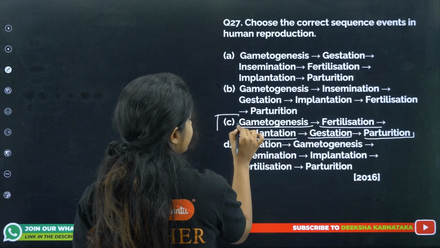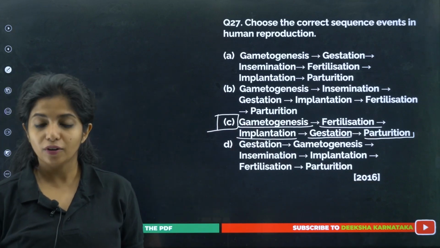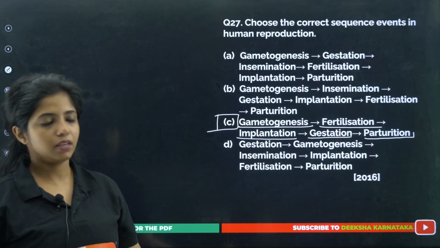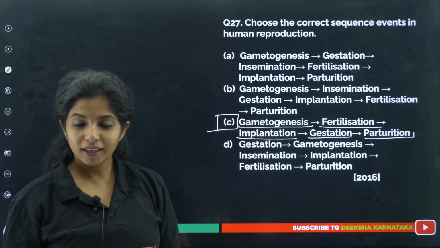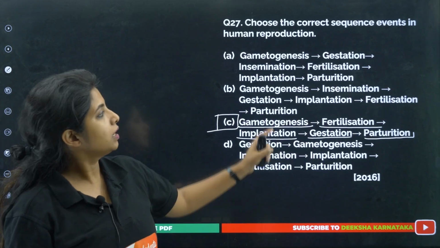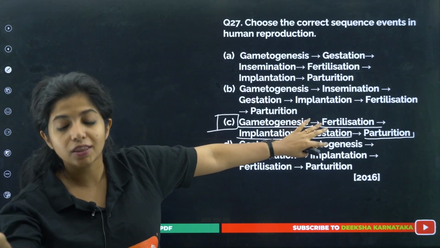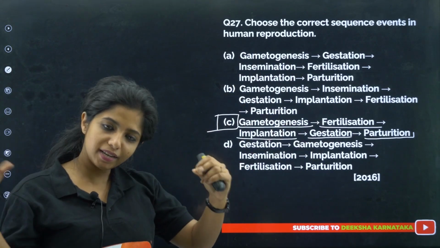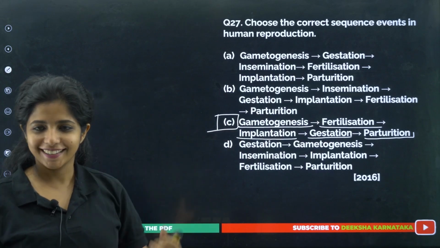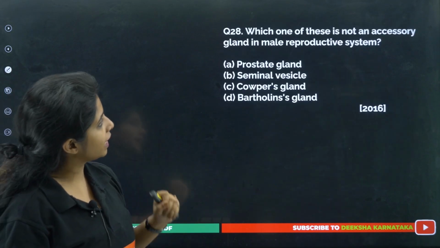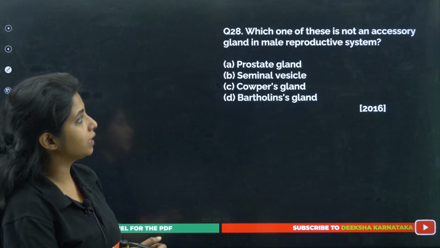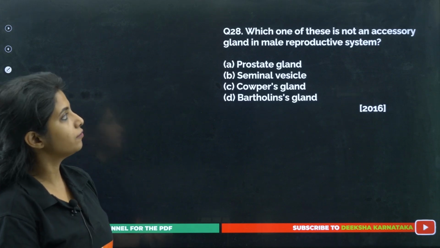So this is the correct one. We didn't have to go for the other options, just use your sense and go with it. But definitely you should be reading them. While reading the question only, I saw this answer, so I was like, okay, let's answer it fast. Cool, works. Next, which one of these is not an accessory gland in the male reproductive system?